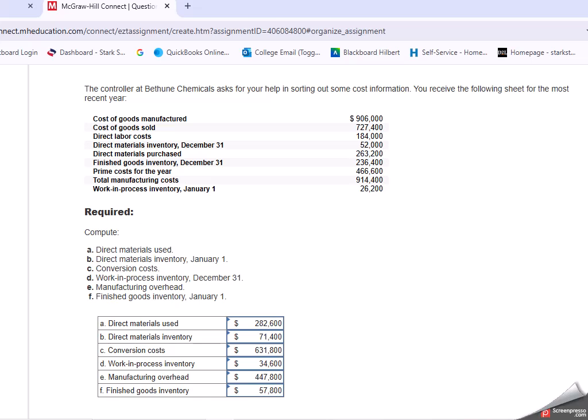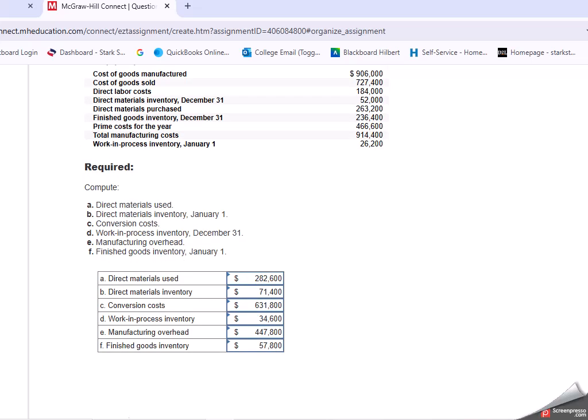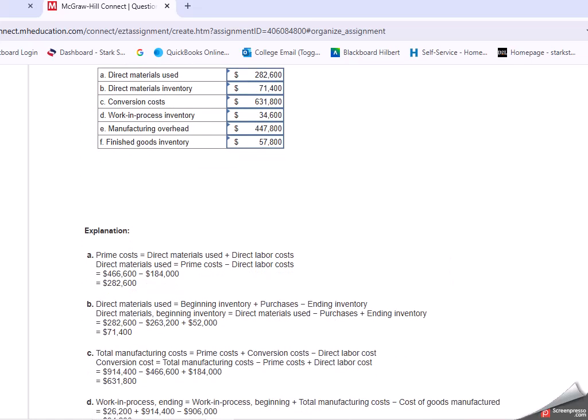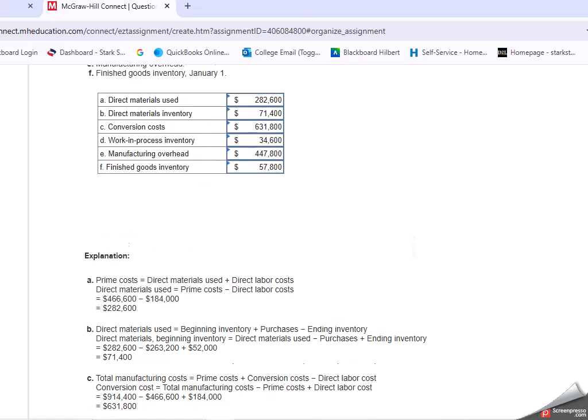That will give us our conversion costs. So total manufacturing costs, subtract out prime costs, which are our direct materials and direct labor, and then add back that direct labor.